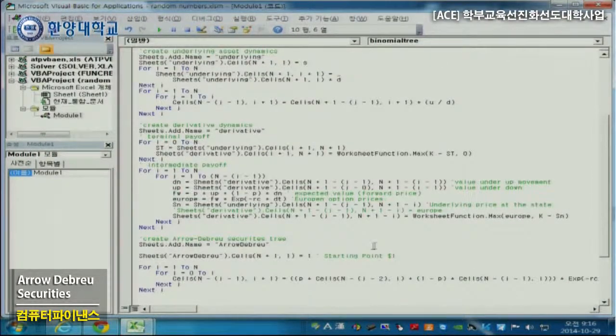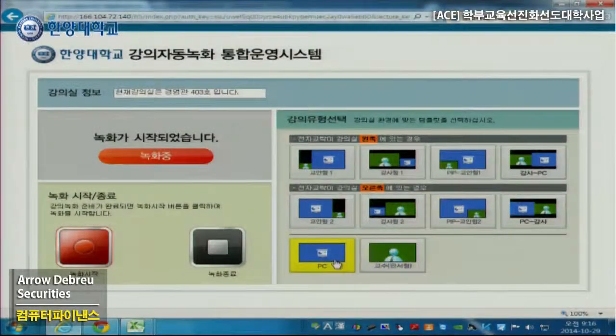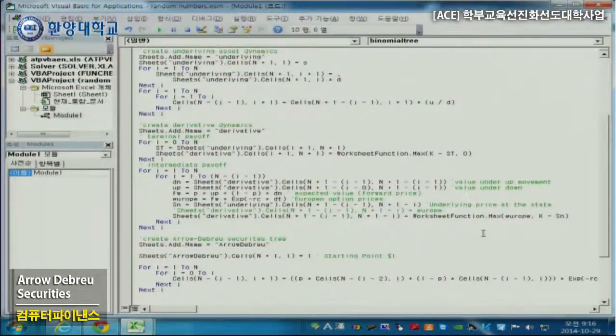Okay, so do you understand what is going on with Arrow-Debreu securities? It is an important thing. So no problem.